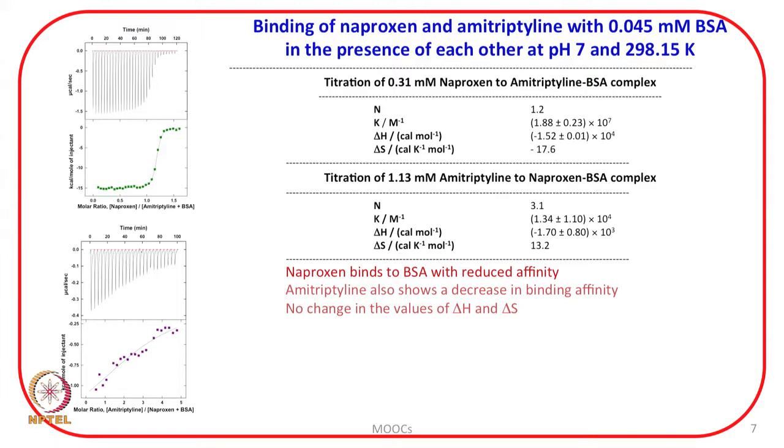One thing is there, that if a site is occupied by a ligand which is weakly bound, and another ligand comes which has a strong affinity at the same binding site, that will displace this molecule.